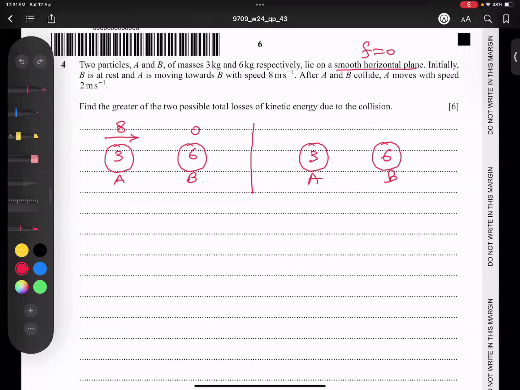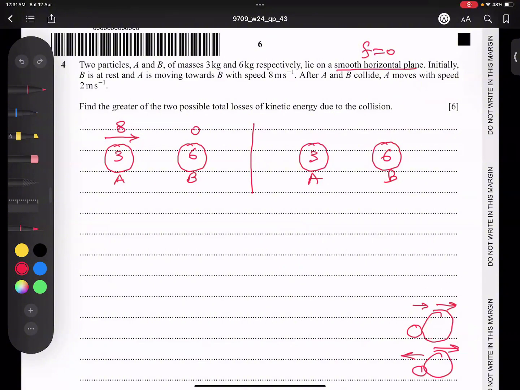Because it is a 6-mark question, it asks us for 2 possible values. Students, if a lighter particle hits an object, there are 2 possibilities: either both go forward, or this one goes forward but that one returns back. It depends upon the masses and the speeds. That is why we will take 2 situations, first this and then this.